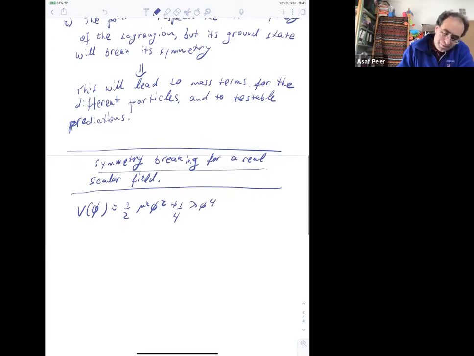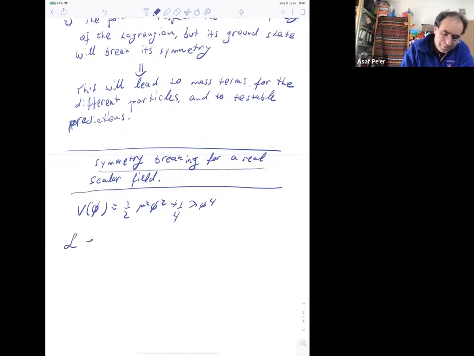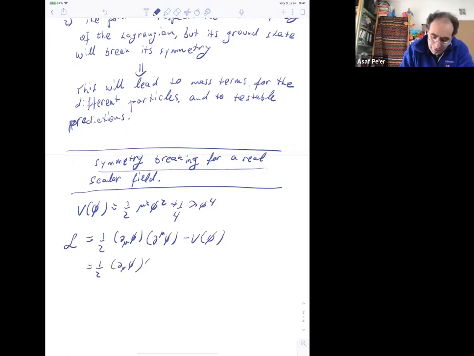So the Lagrangian L is 1/2 d mu phi d mu phi minus V of phi, which is minus 1/2 mu squared phi squared minus 1/4 lambda phi to the 4.